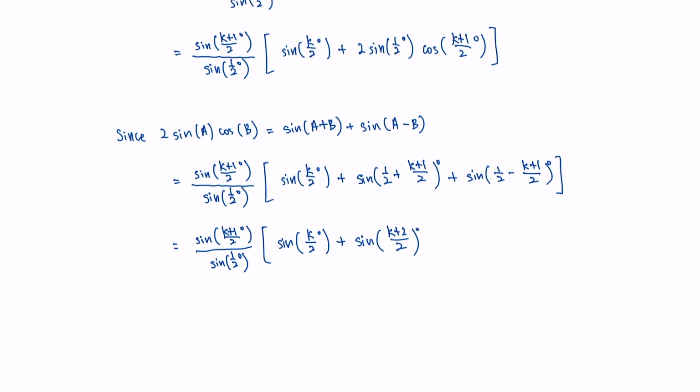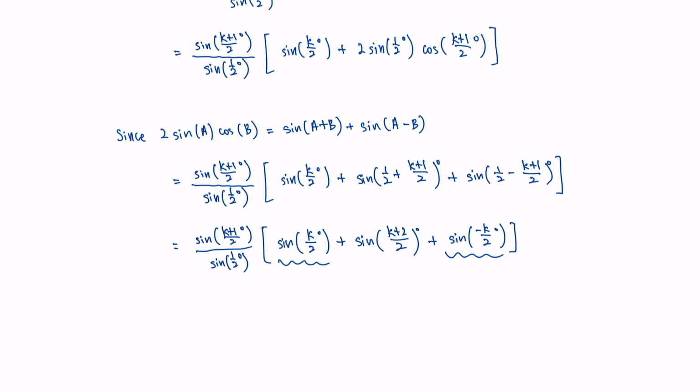And then what happens here, the half and the half are going to cancel, right? So we're left with sine of negative k over 2 degrees. But then we have a look, and this is going to cancel with the first term, because sine of a negative angle is negative sine of that same angle.